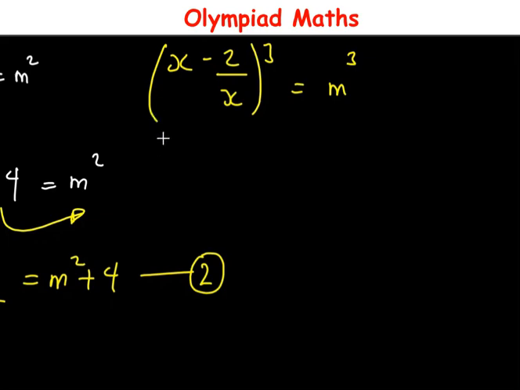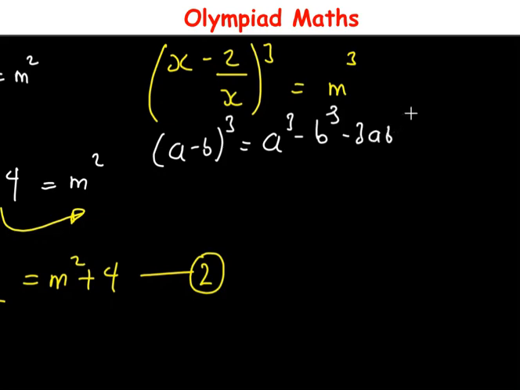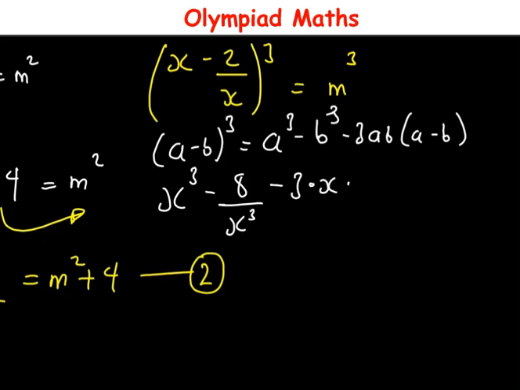This is in the form of in bracket a minus b all raised to power 3 equals a raised to power 3 minus b raised to power 3 minus 3ab multiplied by a minus b. Solving this, we have x raised to power 3 minus 8 over x cubed minus 3 times x times 2 over x, multiplied by x minus 2 over x, and this equals m cubed.